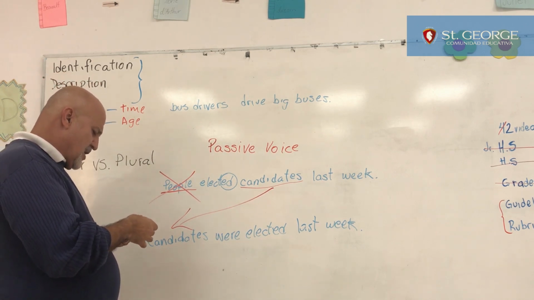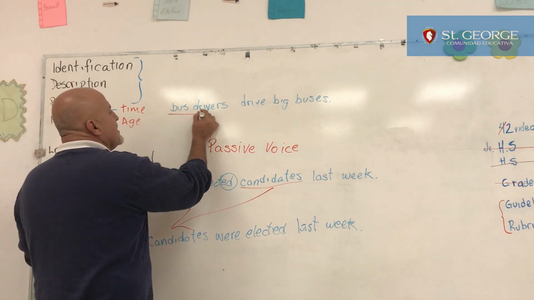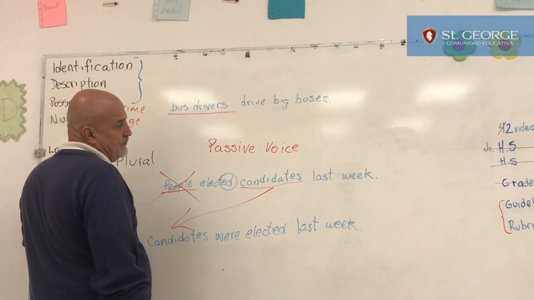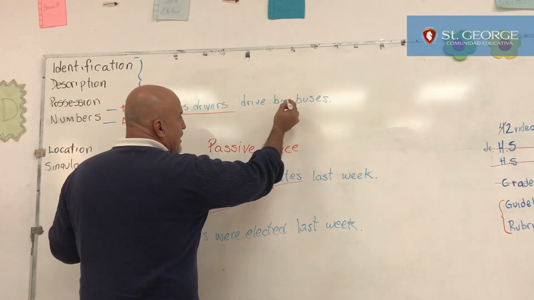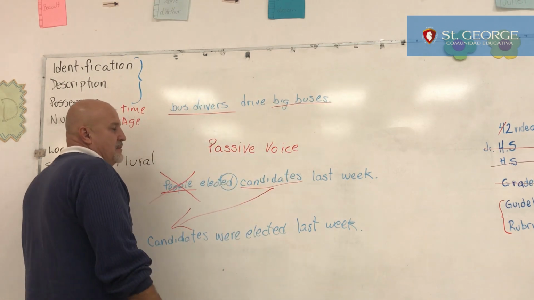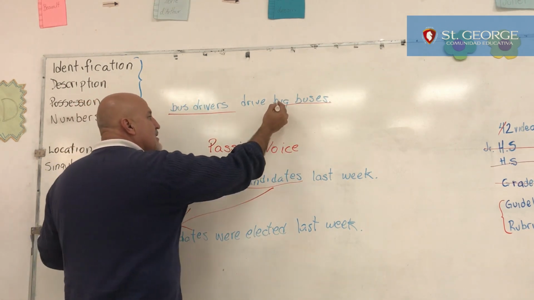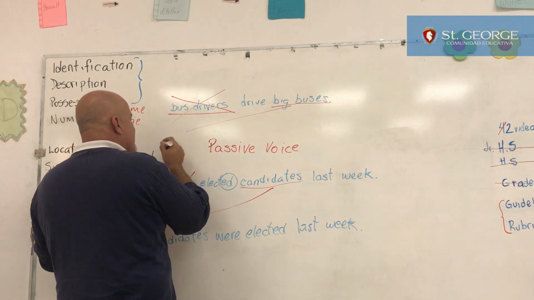Okay, so who is the subject in this? The bus drivers. This is my verb, and big buses is the object of my sentence. Okay, so I eliminate bus drivers. I take big buses.